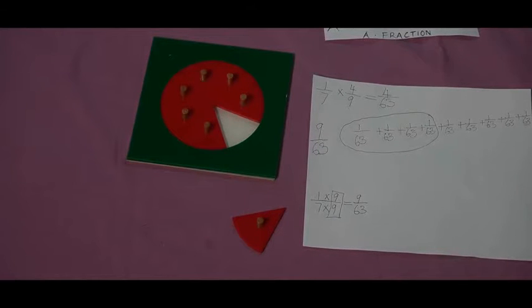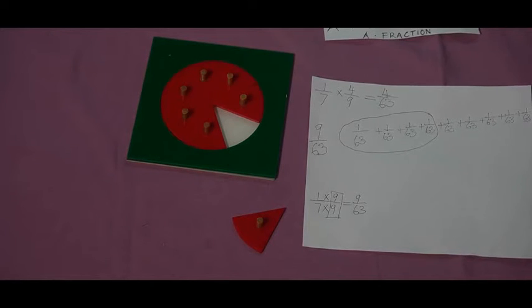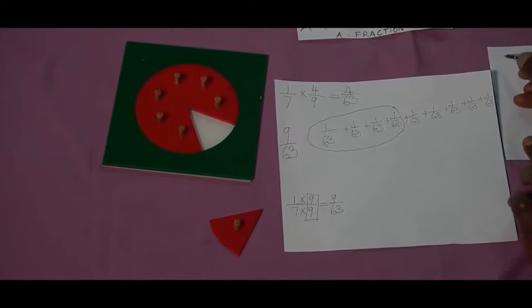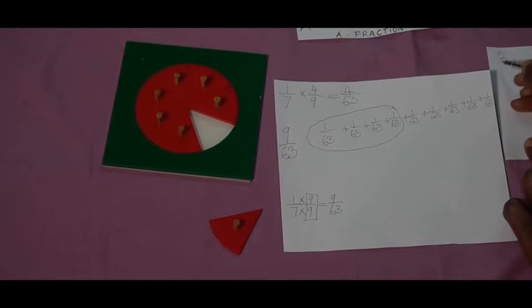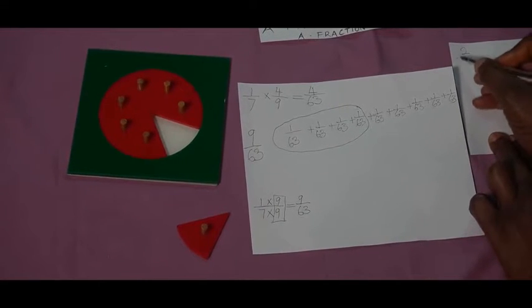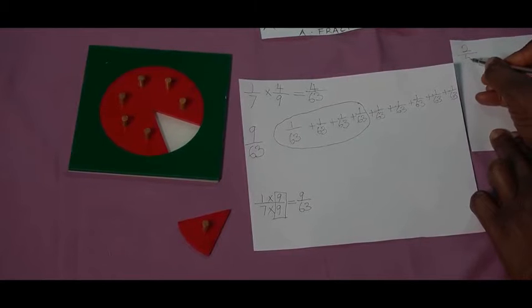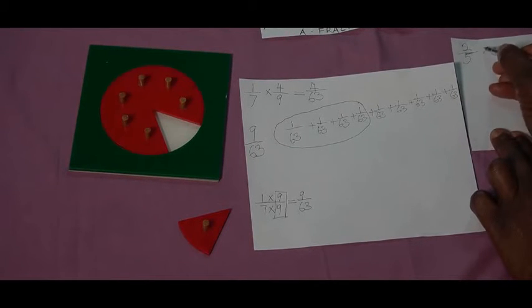I have another example. Suppose I write 2/5. I multiply that by 3/6.